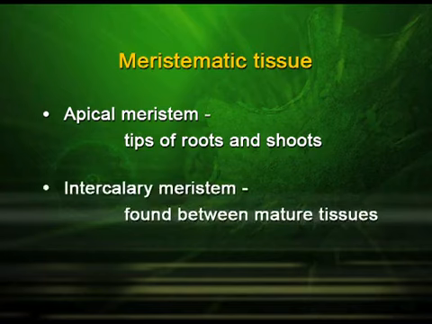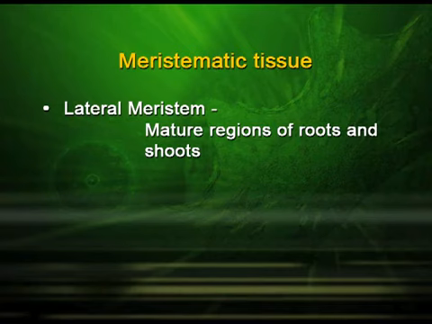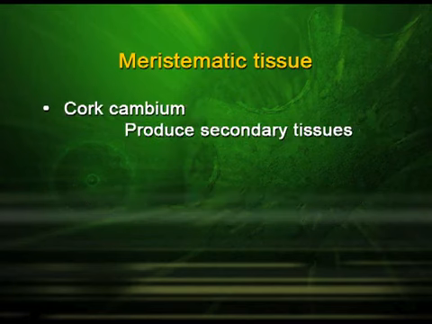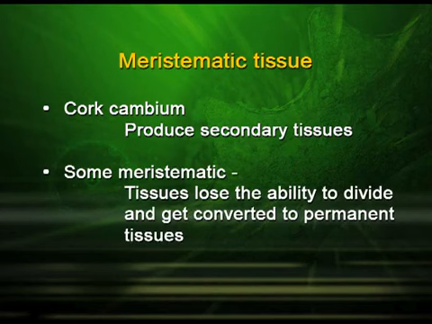The intercalary meristem is found between the mature tissues, and the lateral meristem is found in the mature regions of shoot and root. For example, the fascicular cambium, the interfascicular cambium and the cork cambium, which is responsible for the secondary growth in plants. Some meristematic tissues lose the ability to divide and get converted to permanent tissues.